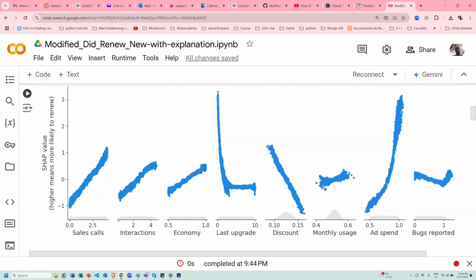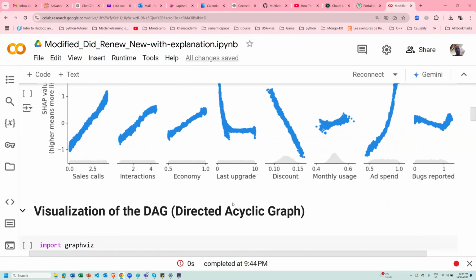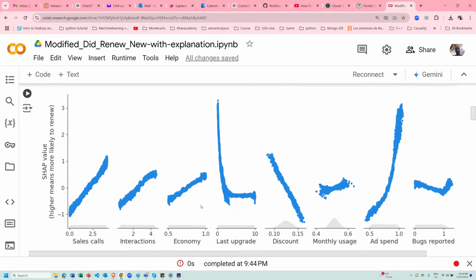Something interesting is, again, this is the Shapley. Here this is small. These are the distributions. You see, these are uniform. Here we have two normal or Gaussian distributions, and here another distribution.